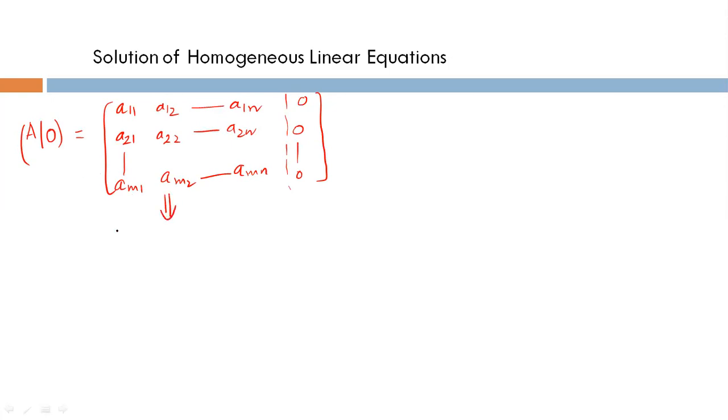Now change the matrix A in row echelon form using row elementary operations.